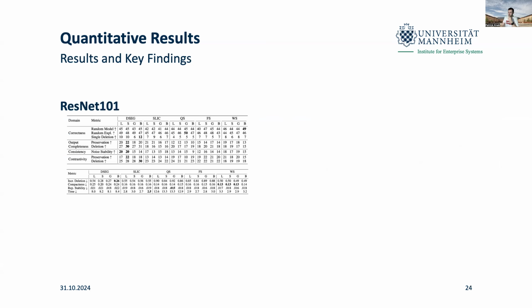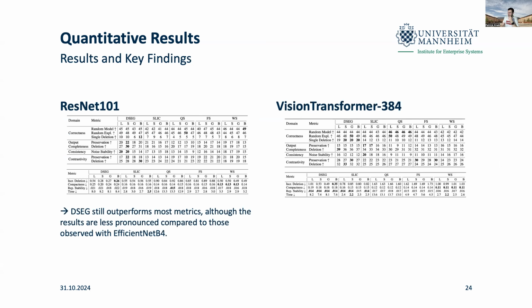For ResNet 100 and for Vision Transformer 384, the results are similar, although less pronounced compared to those observed with EfficientNet before. But this issue is mainly due to the fact that we segment the image before it gets fed into the model.